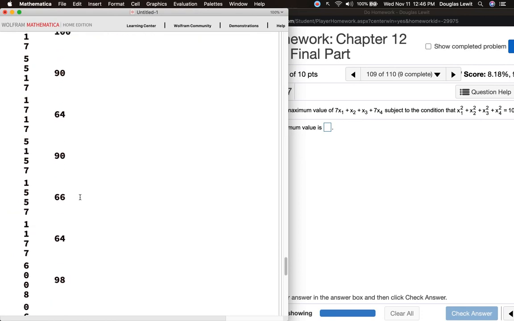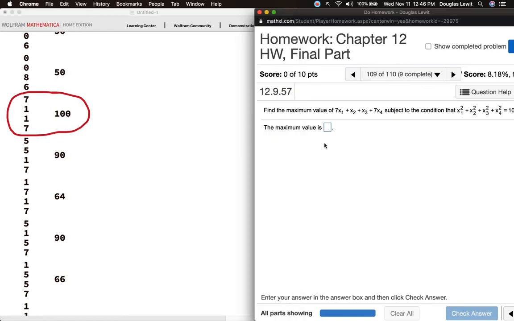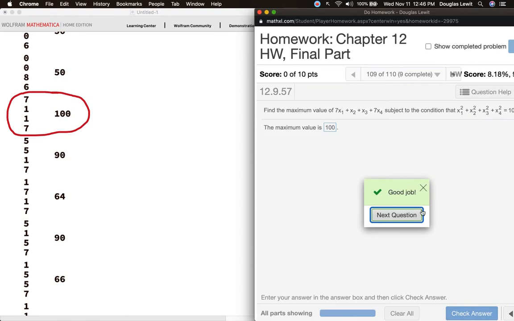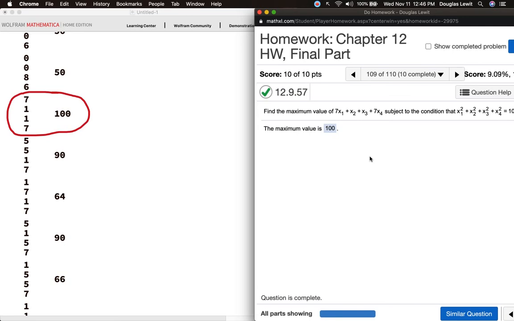It is indeed 100, which I can see right over here. All right, which means the maximum value is indeed 100. And they should have asked you, the maximum value is 100. How do you get that value?